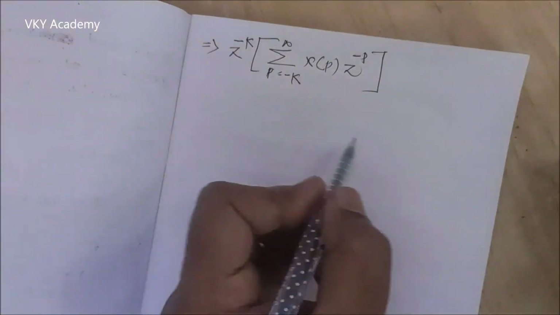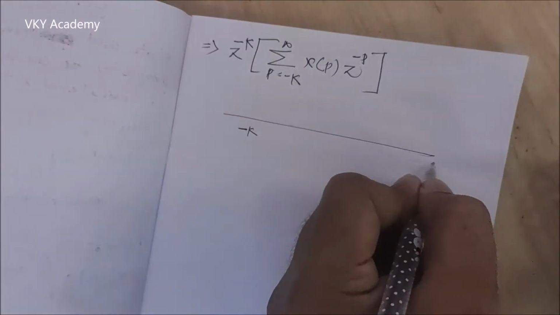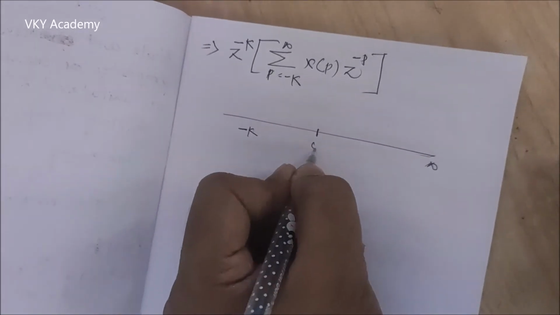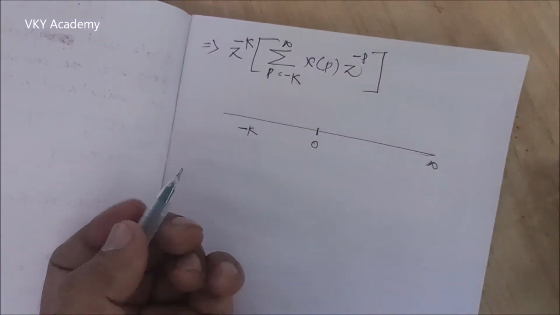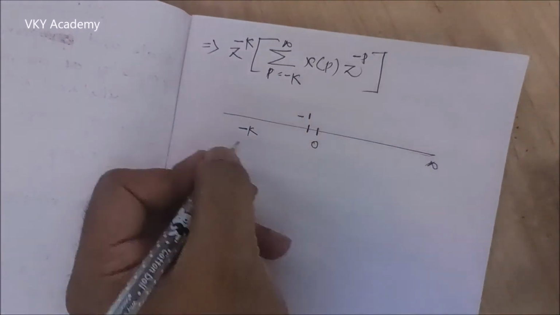Now this particular summation has a range from minus k to infinity. So it can be subdivided into two parts, from minus k to minus 1 and from 0 to infinity.